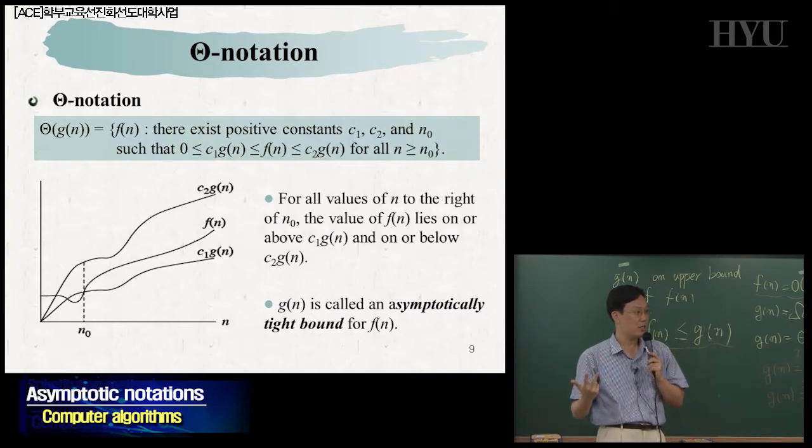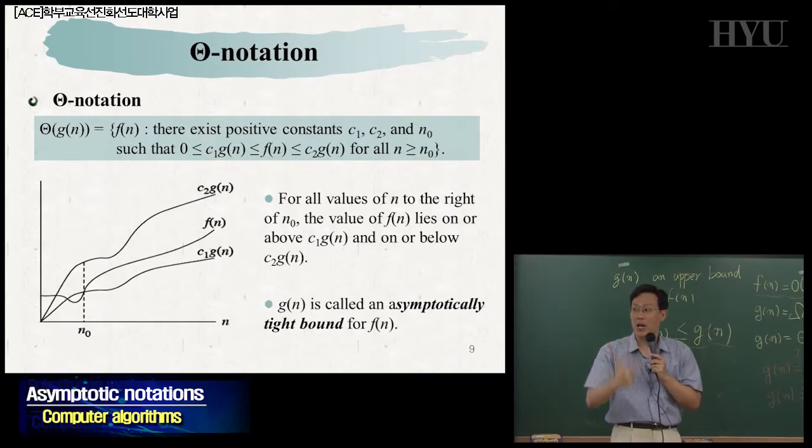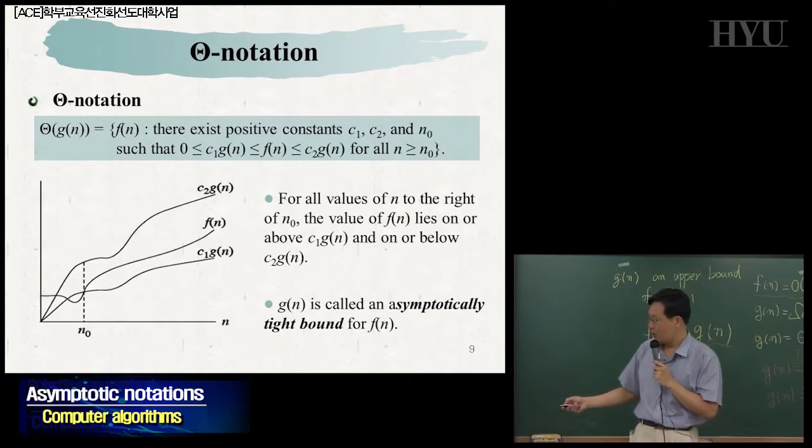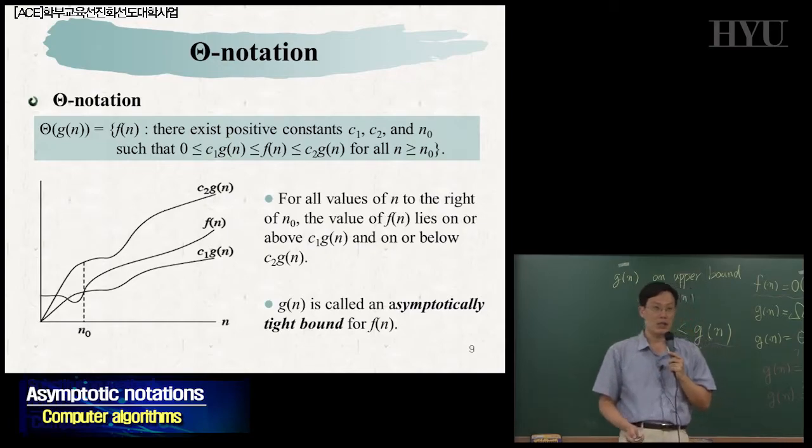So in this case, we have to find three constants, c1, c2, and n0. And we say g of n is an asymptotically tight bound for f of n.